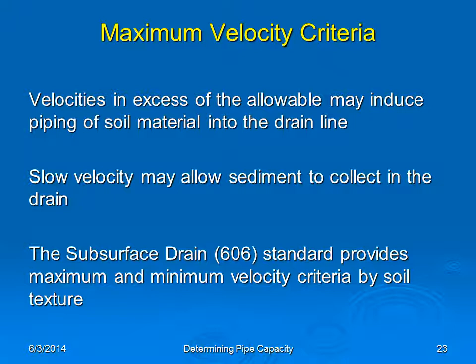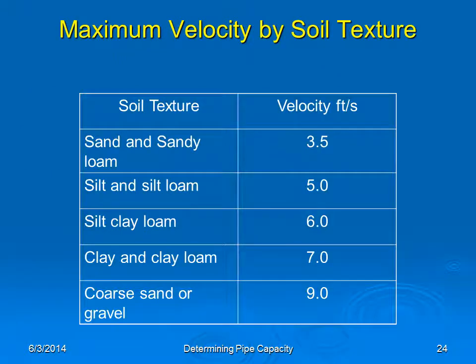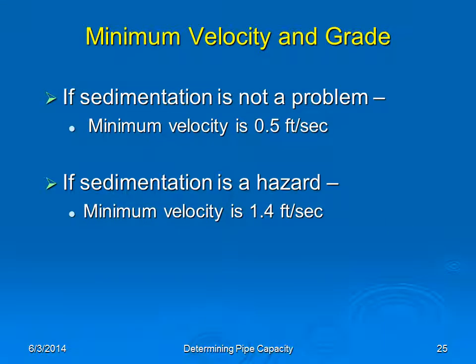The subsurface drain standard provides maximum and minimum velocity criteria based on soil texture. And here's the chart from their 606 standard. Many of the Iowa soils will fall in the silt loam and silty clay loam textures, so you can see that their typical velocities would be here in the 5 to 6 range, the typical maximum velocities that are allowable in our drain pipes.